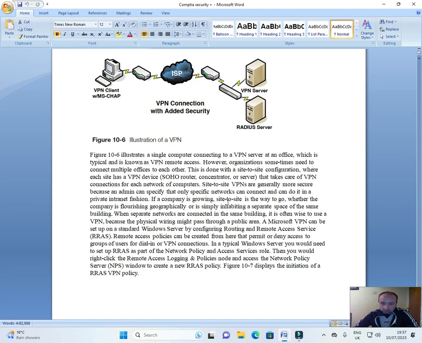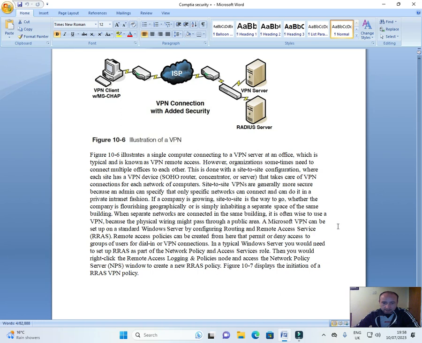If a company is growing, site-to-site is the way to go. Whether the company is flourishing geographically or is simply inhabiting a separate space of the same building. When separate networks are connected in the same building, it is often wise to use a VPN because the physical wiring might pass through a public area.